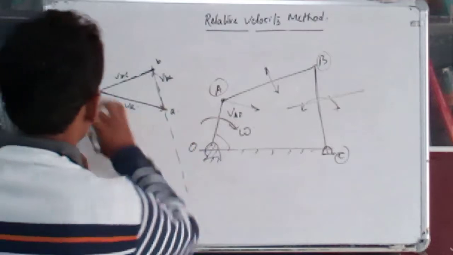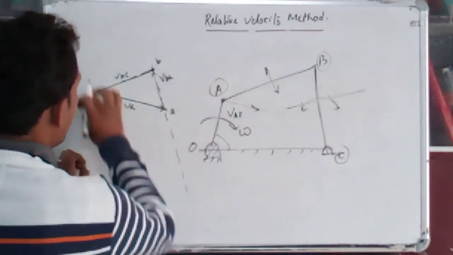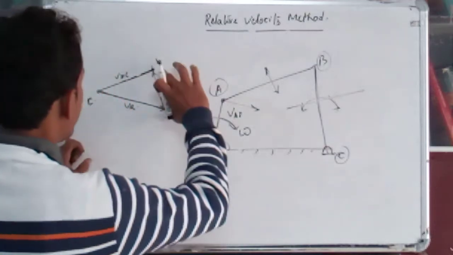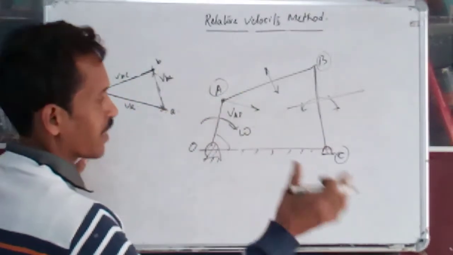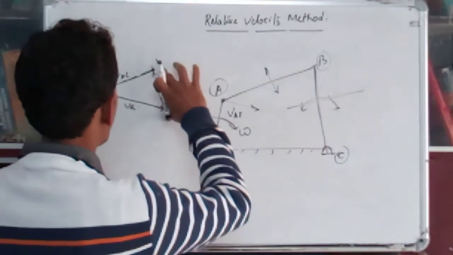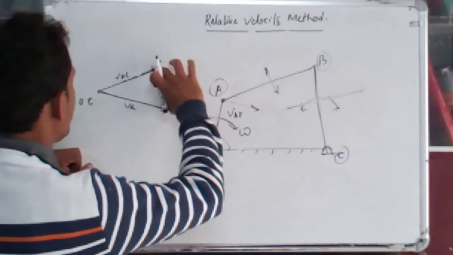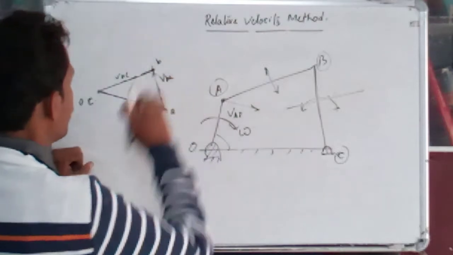So we can find out the relative velocity by using this velocity diagram. Now you measure, because earlier we have taken some suitable scale. Now you convert this scale into the original value. So we can have the length of this.